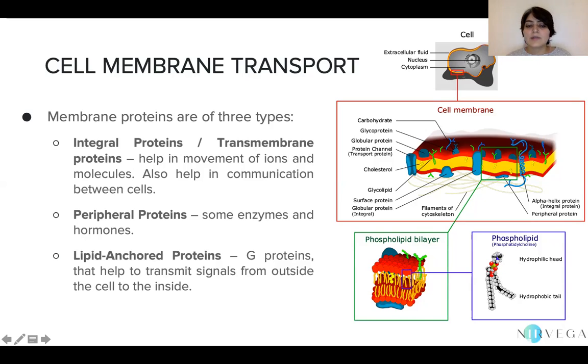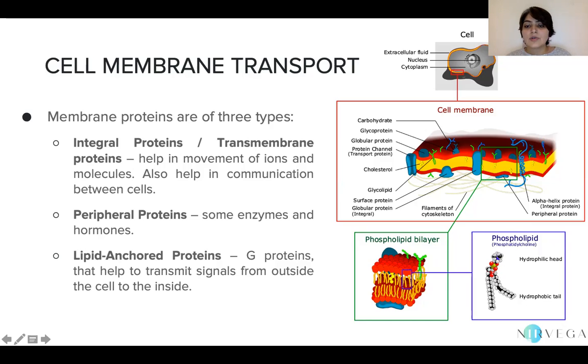And the third type is the lipid anchored proteins. Lipid anchored proteins are G proteins. As you can see, these lipid anchored proteins will be the channels that will help to transmit signals from outside the cell to the inside.